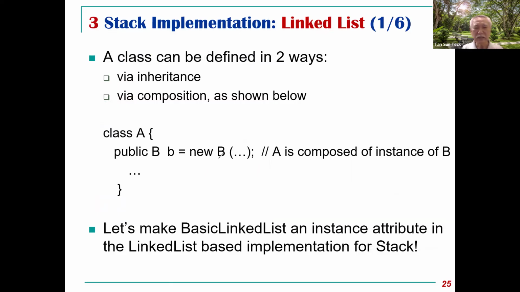Class A is composed of an instance of class B. In this case, class B already exists and has all these operations, and we want to create class A so that we use all the operations in B to implement the operations that we need for class A. That is what we call composition.